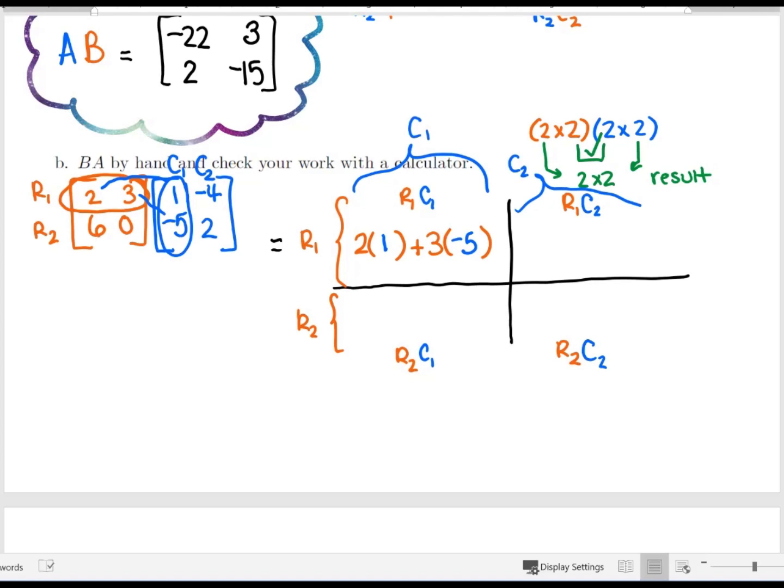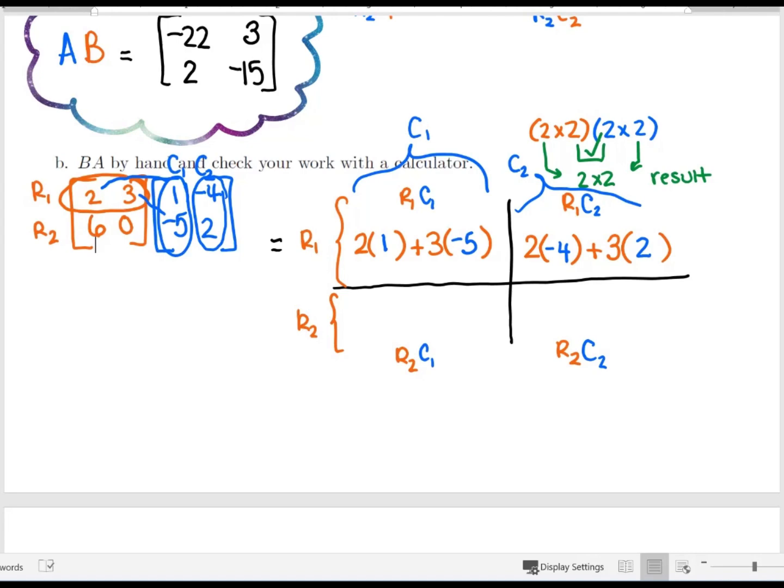Now that we've done row 1 times the first column, we need to take it times the second column. 2 times -4, because they both came first, 2 and -4, plus, because it's always plus, 3 is last in its row, and 2 is last in its column. We're done with row 1.